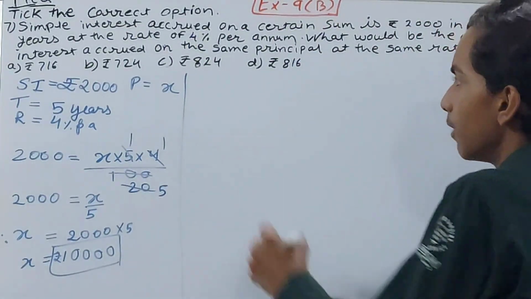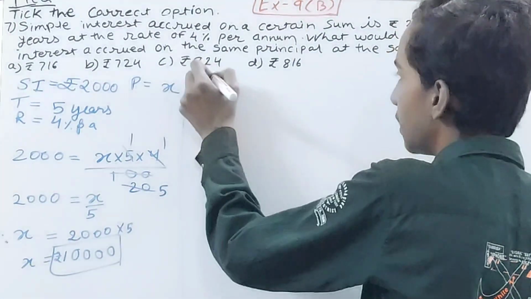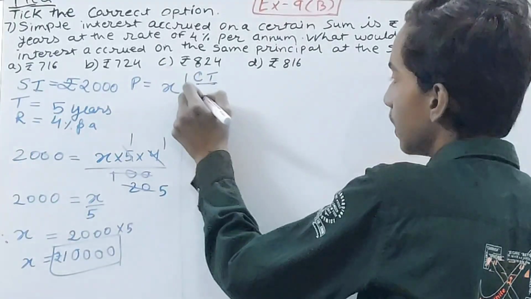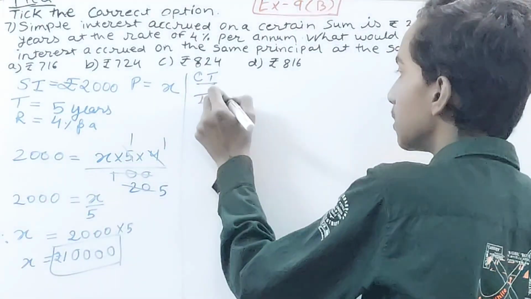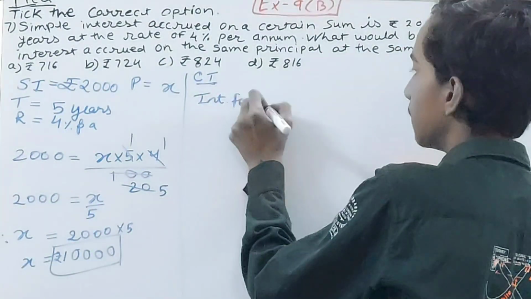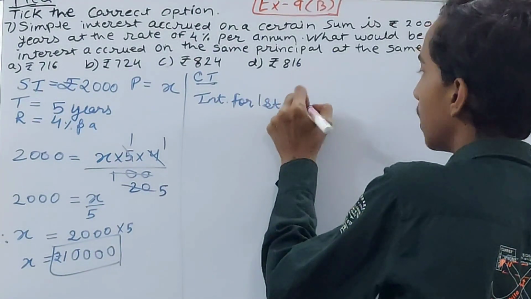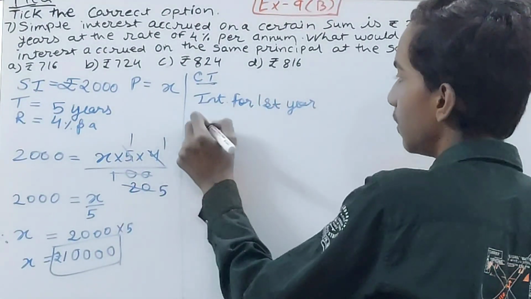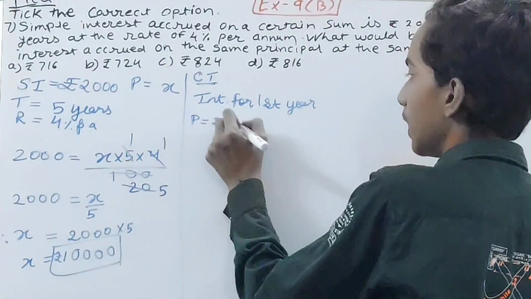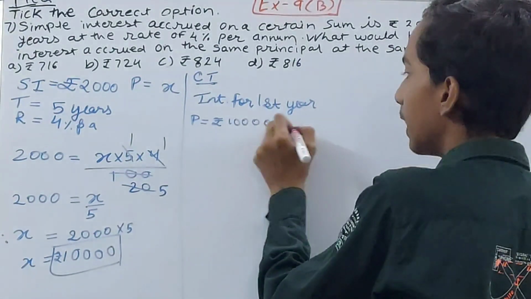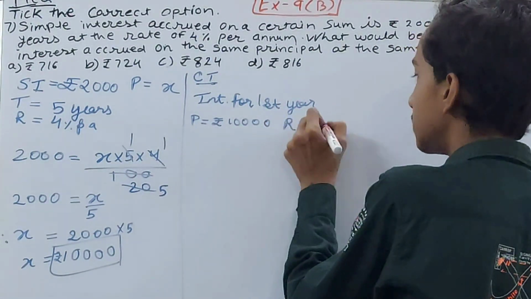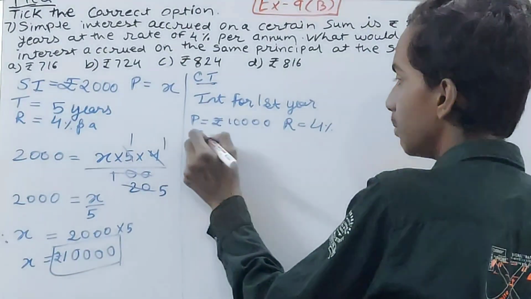So let's begin with the compound interest, where I'll calculate the interest for the first year. The principal we know now, that is 10,000, and the rate is the same, 4%. Time will be 1 year.